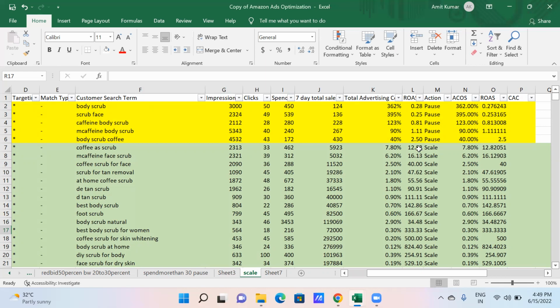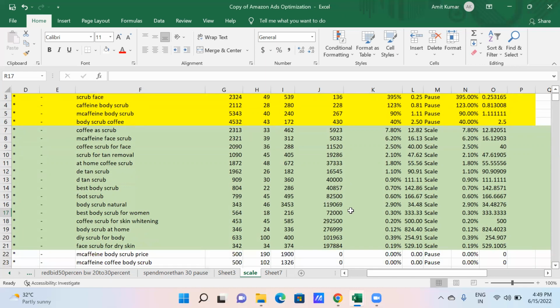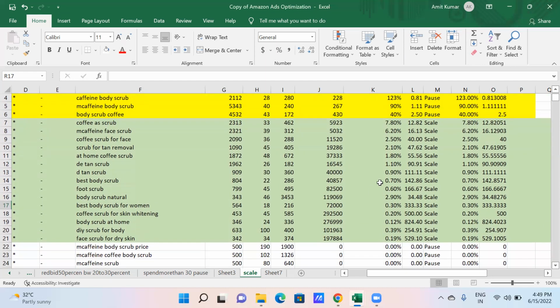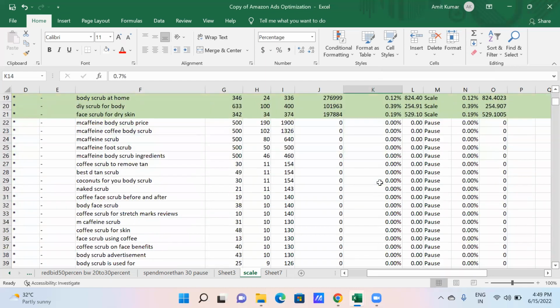And the ROAS, if you see 12.8, 16 point something, is also way more than what is required. Normally, even if the realized ROAS is more than 2.5 to 3, most of the time it is okay to run, but obviously you have to check case by case all the operational costs and everything to understand the realized ROAS. So these green ones are good to go, and we can scale these three. Okay, so this is the second step.